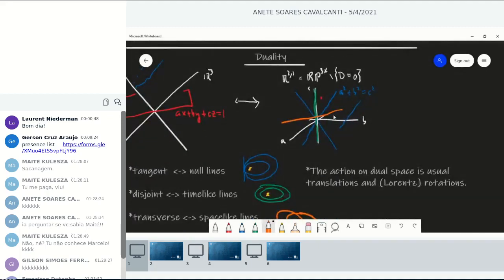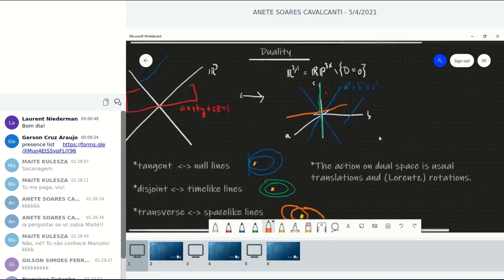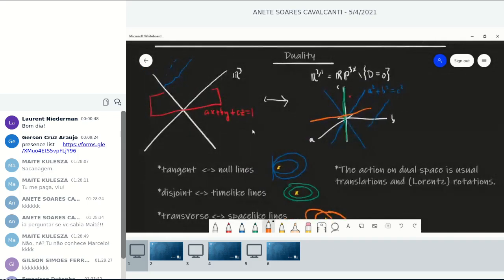On the dual space, it's just a normal translate by an element of R21 and act by the Lorentz rotation. So it's easier to see the action here. It's nice to orient yourself with what the ABC parameters mean in terms of the conic sections.